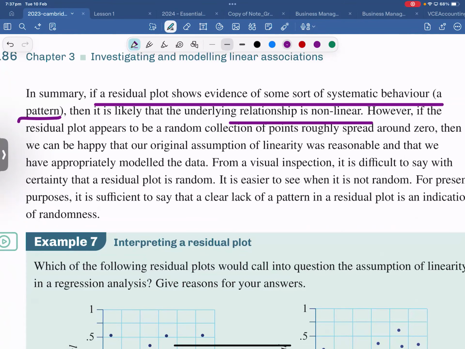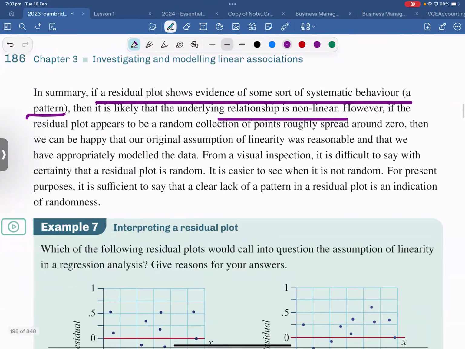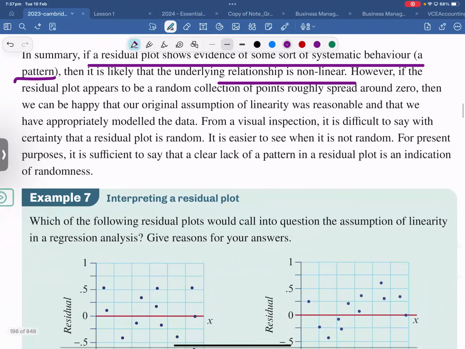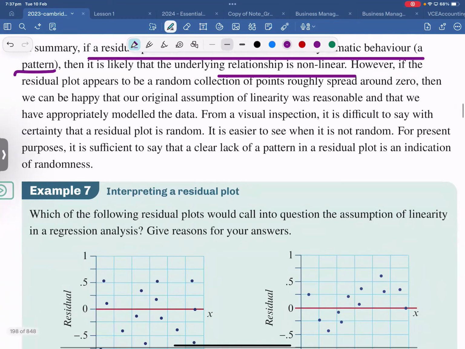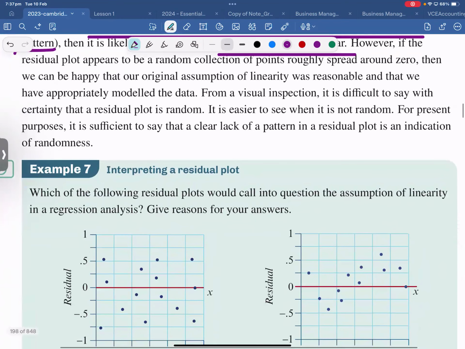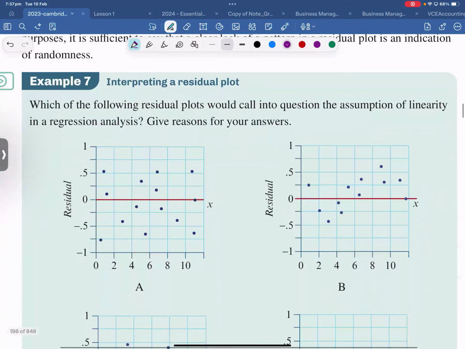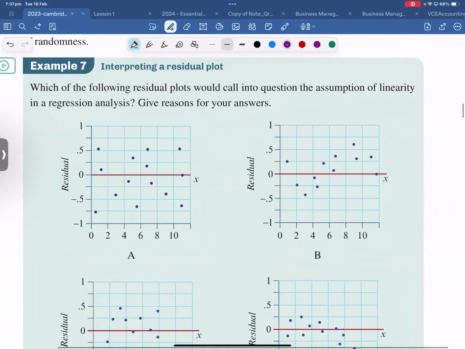Non-linear. Okay? Right. Then, guys, we'll go through the examples.